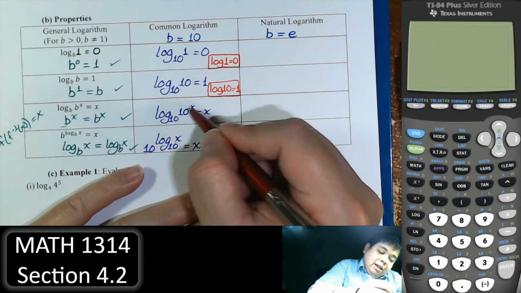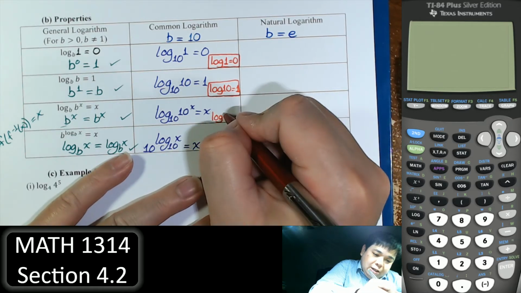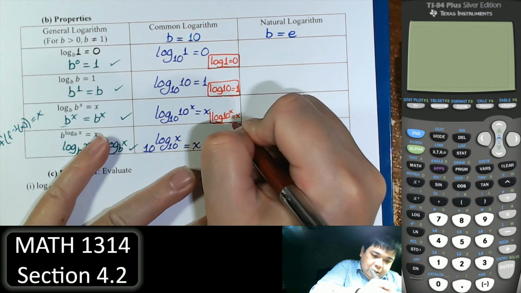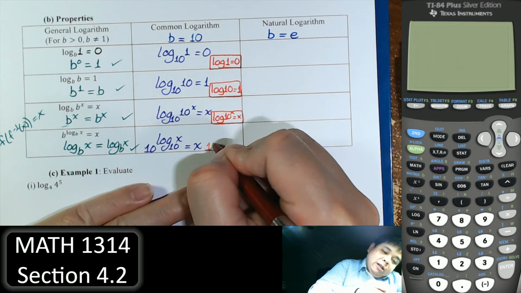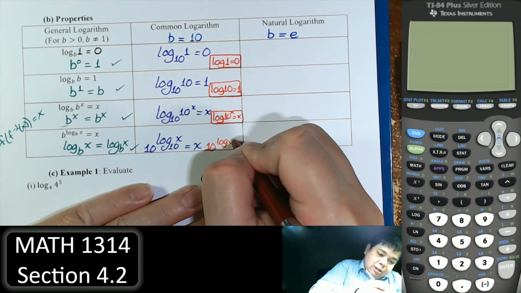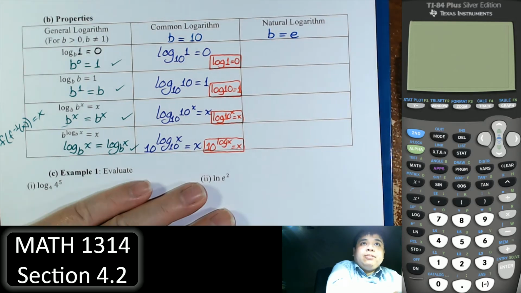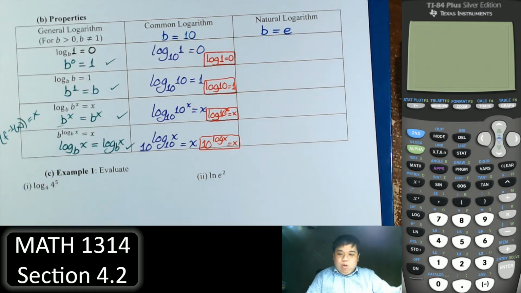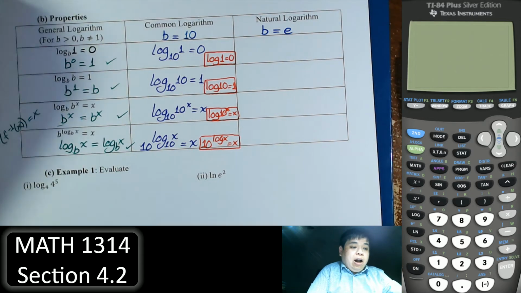And then no need to write base 10, and no need to write the base 10. So 10 to the x power is equal to x. I should write smaller to begin with. Right. So those are the properties in common logarithm.